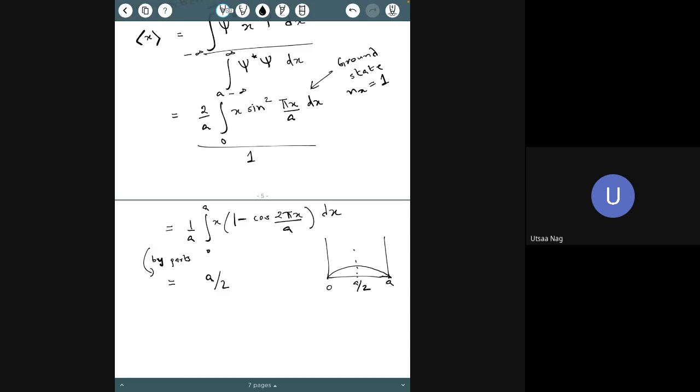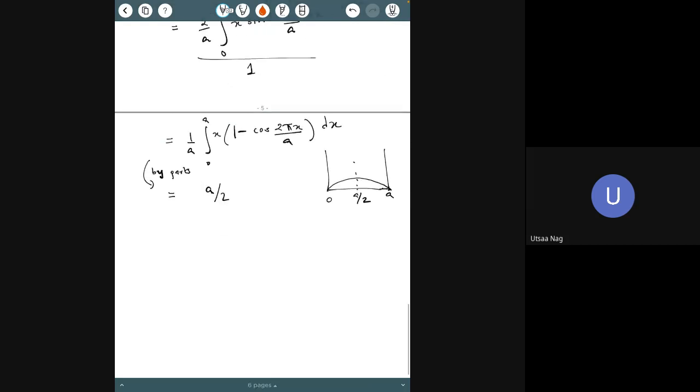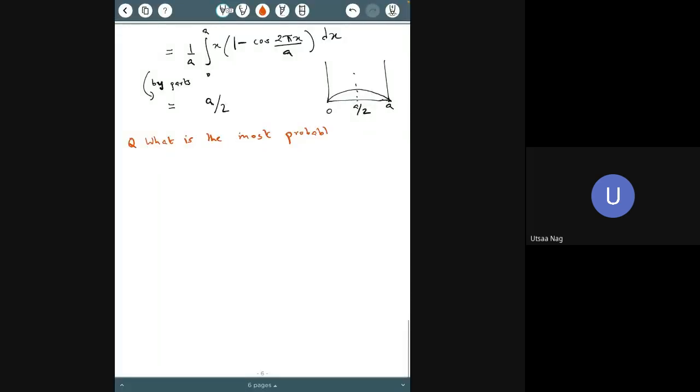Now there is another alternative question that can be asked. What is the most probable position of the particle in a 1D box?